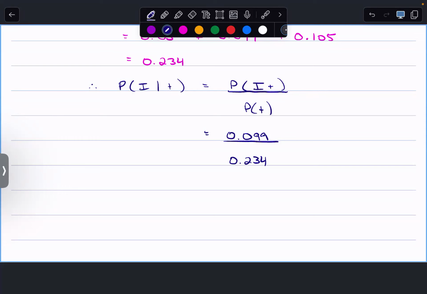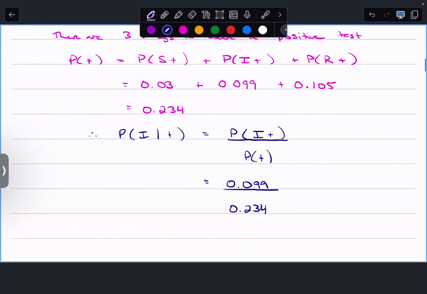Usually, I'd walk you through these steps. Part A, what's the probability of infected and positive? Part B, what's the probability of a positive test? And then I would ask you this question, right? And so then you've pulled out all the components that you're going to need.